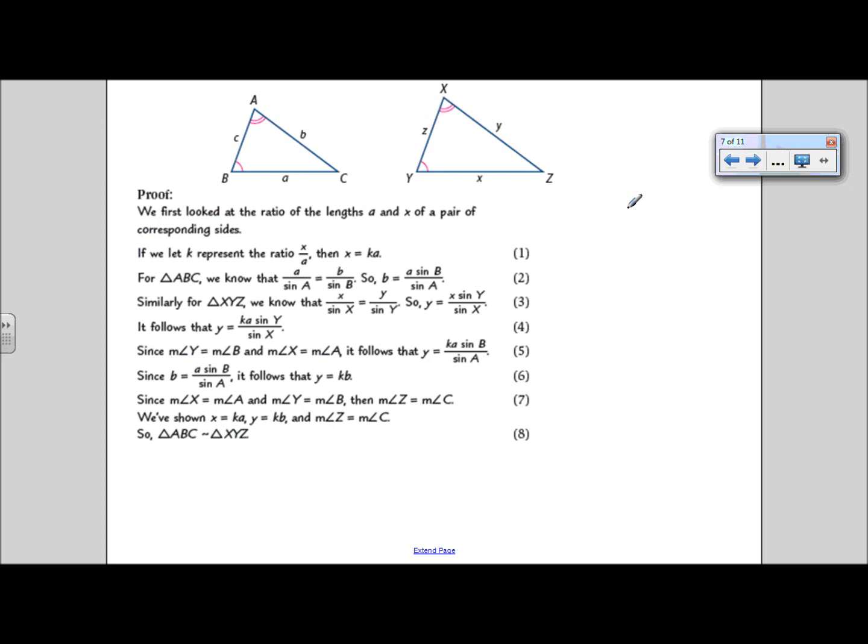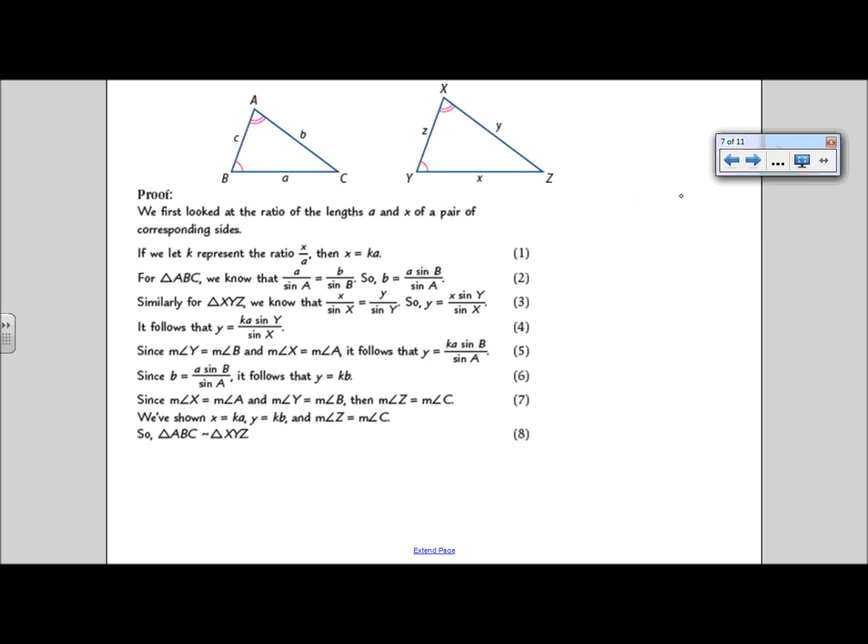Now, right off the bat, look what they gave you. All they've given you is two angles. That's it. Just two sets of angles are congruent, and we want to know or prove if these triangles can actually be similar, just knowing two angles. So they walk you through it, they give you the step-by-step, but what I want you to do is just put some reasons in for 1 through 8, and that's what I'll be checking tomorrow.